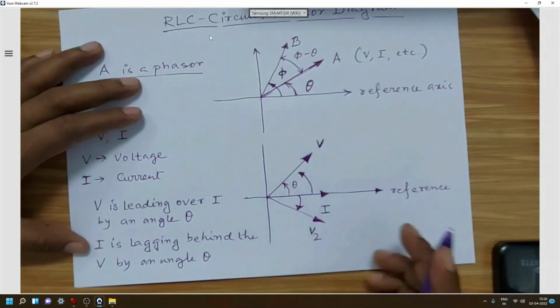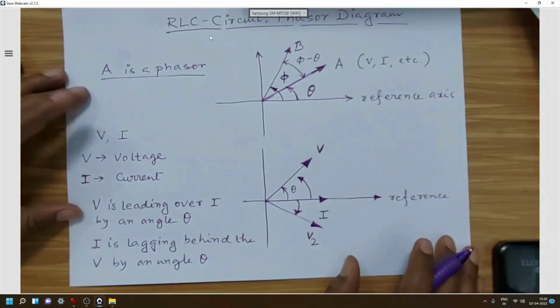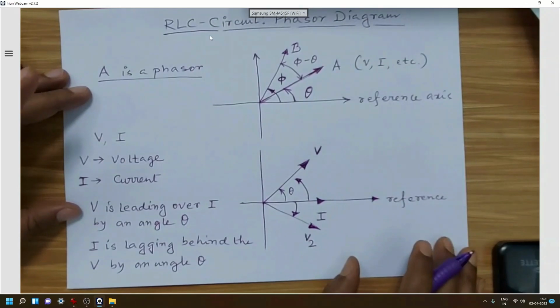Like that we can get the idea of leading phase and lagging phase.